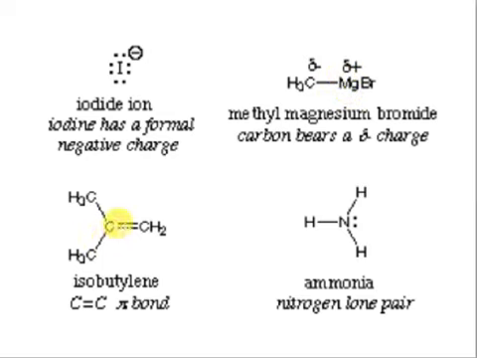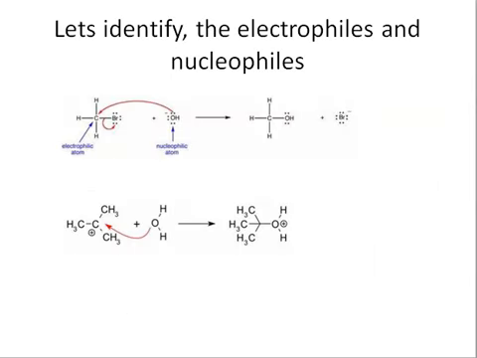Here we have a pi bond in isobutylene, and this pi bond will act as an electron pair donor, and that will act as a nucleophile here. Here we have ammonia, with nitrogen having a lone pair, so this will also act as a nucleophile. So now let's identify electrophiles and nucleophiles in certain reactions here, right? So here we have a substrate.